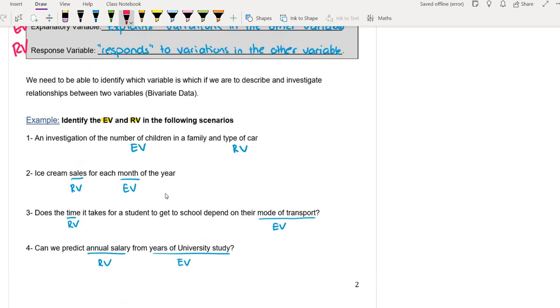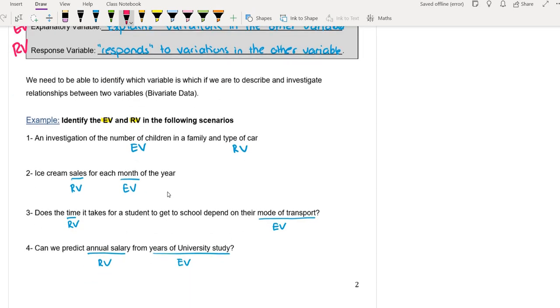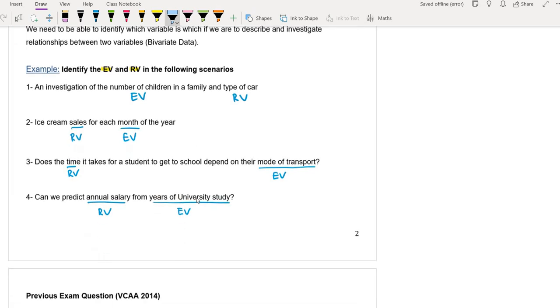So how do we determine which one's which? Well, it is mostly common sense, so you do need to think a little bit about it. There is no formula to follow, but in most cases it is hopefully obvious to you.